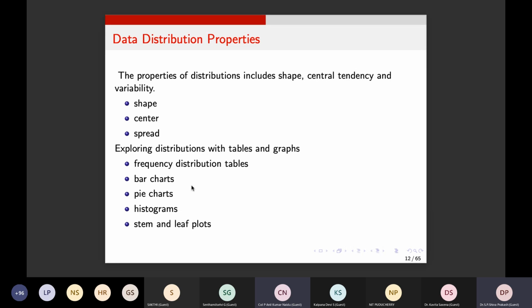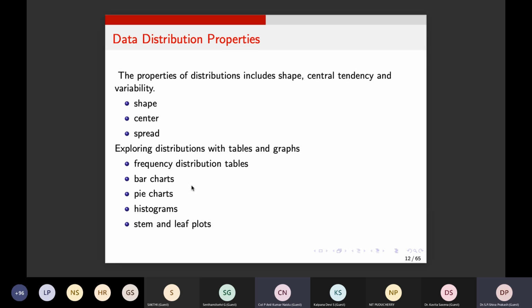Similarly, for the measure of center, we try to find the central tendency, which is a statistical measure that identifies a single score as a representative of an entire distribution. For example, the central tendency measures are the mean, the median, and the mode.